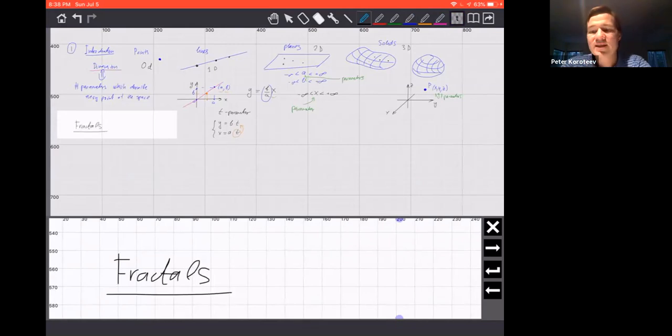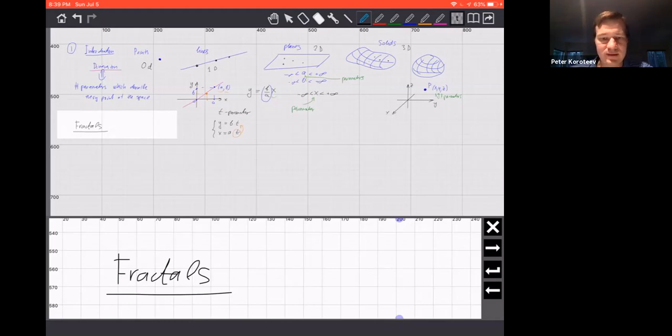Do you know what fractals are? You might have heard the word, right? So Iris says she didn't. How about Sophie? Okay, maybe once I start showing you pictures, you'll get some better ideas.